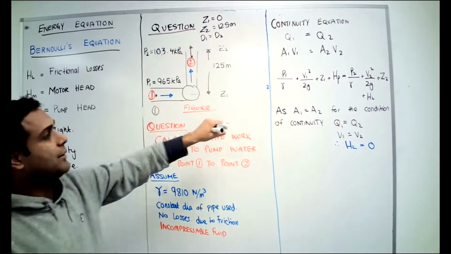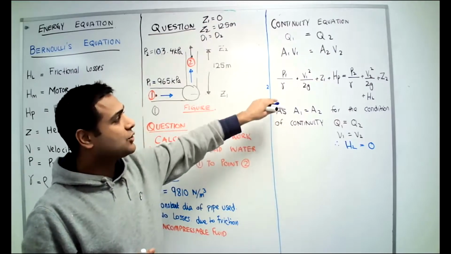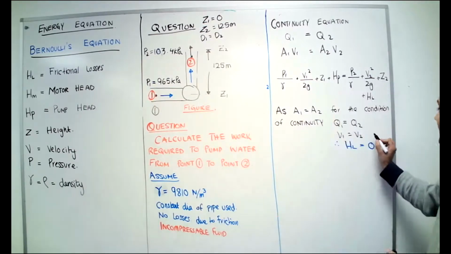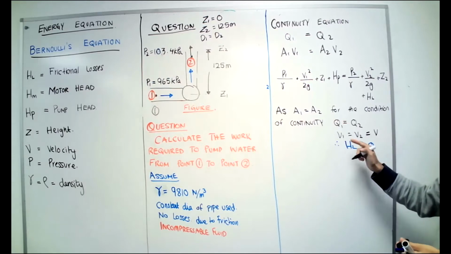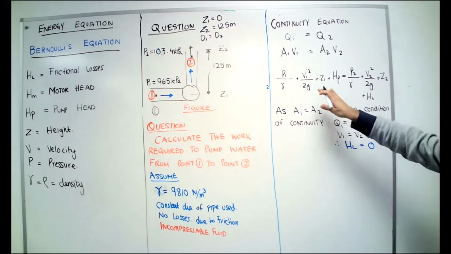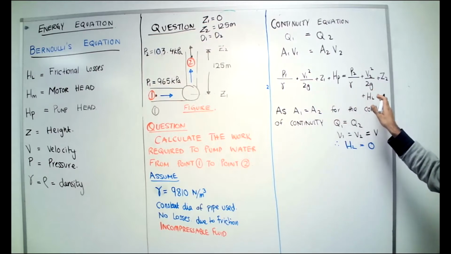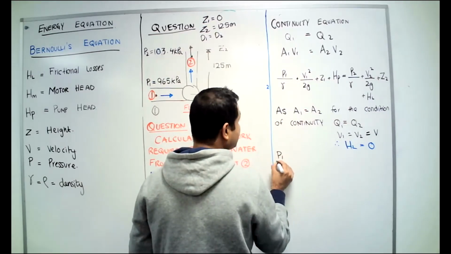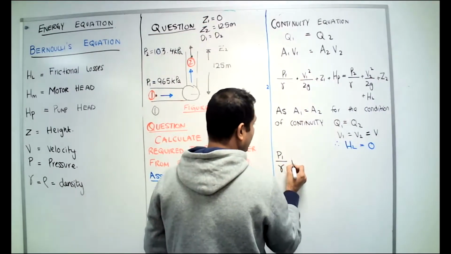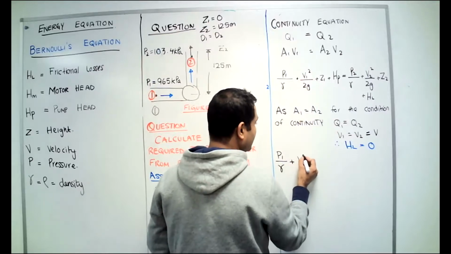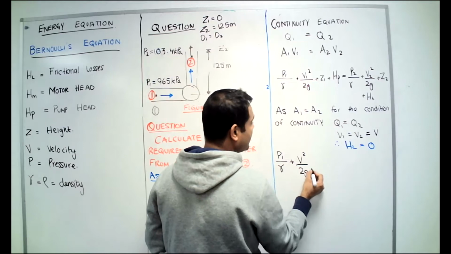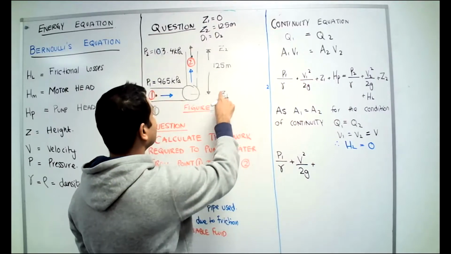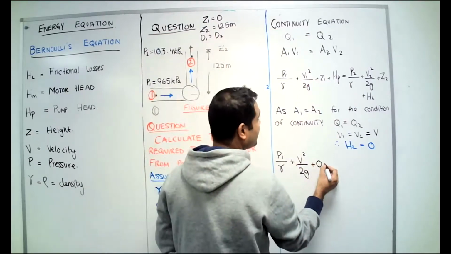Now, I'm going to use the same equation. Because they are the same, I can call that one V. V1 equals V2, I'm going to call that one V. Now, I will use the same equation on the top, and then I will see what else I can do. So I have the P1 as it is. This one becomes V square over 2G plus Z1. Z1 is 0, so I'm just going to put a 0 here.